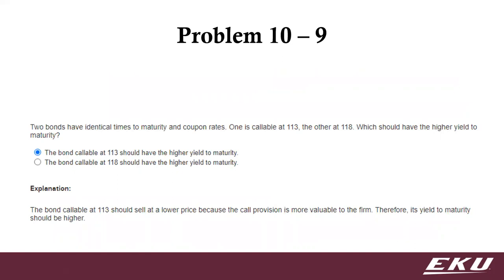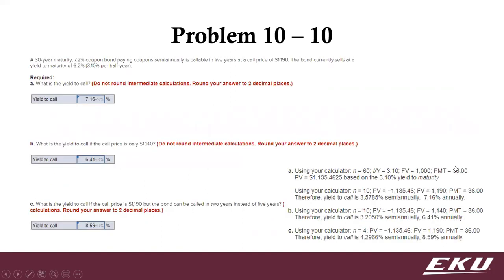Okay, and this is one of these questions where they're really trying to get you to understand the relationship between where the call would occur and then what would be the higher yield. All right, and on this one, I went ahead and just put the way we enter it because again, this is just using the calculator.